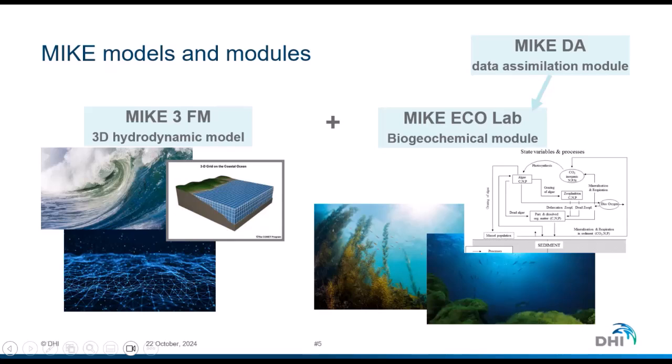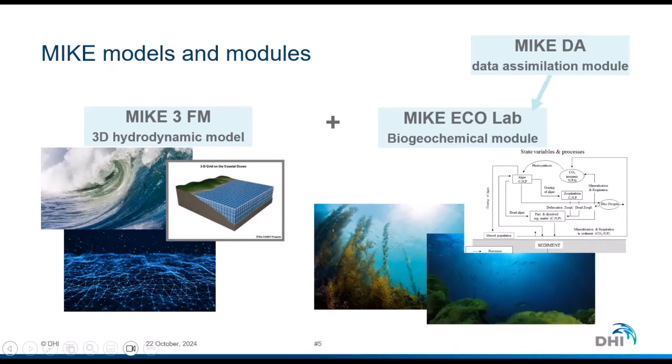The models consist of a hydrodynamic model, usually set up in MIKE 3 FM, a 3-dimensional model based on a flexible mesh. On top, we have our biogeochemical module, usually set up in MIKE ECO Lab. When we use data assimilation, that takes place in a third module, which can either interact with the 3D hydrodynamic model or the ECO Lab model.